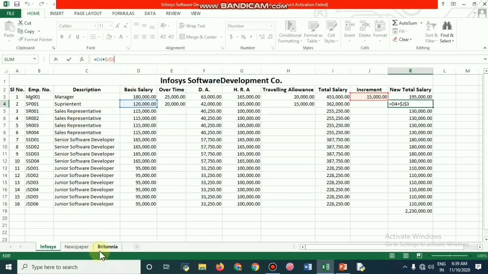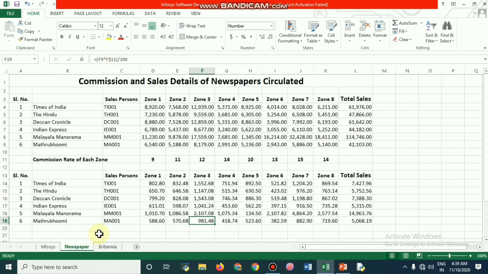But in certain other cases, in the case of the commissions of the newspaper, certain changes need not always happen. 9, 11, 12, 14, 10, 13, 15 and 14 are the commission rates. So you need not change certain things.